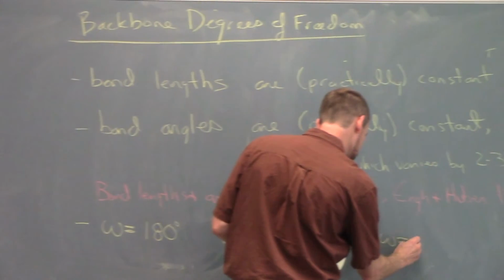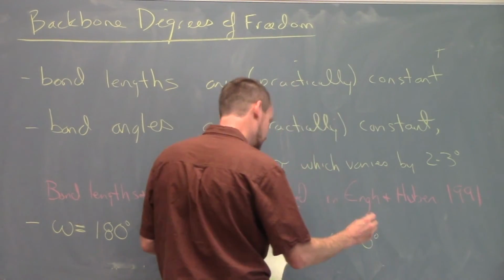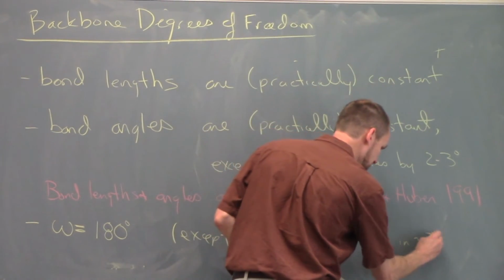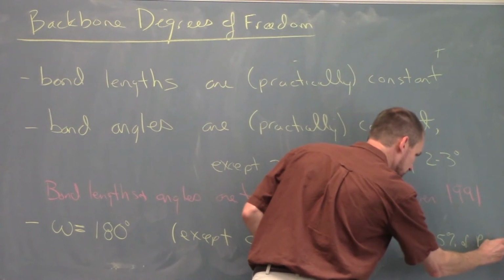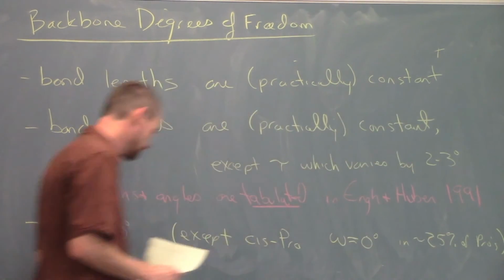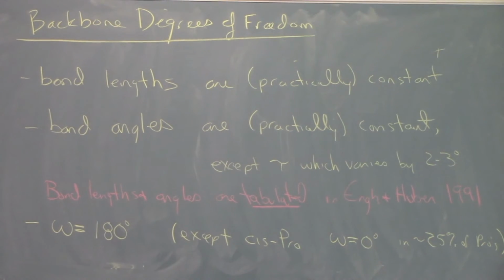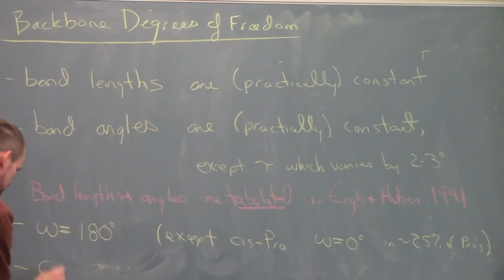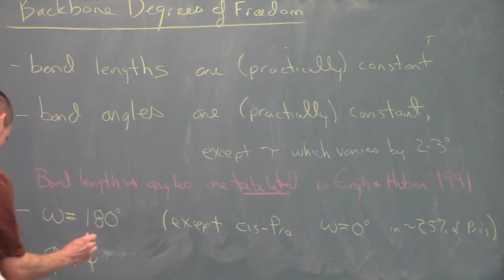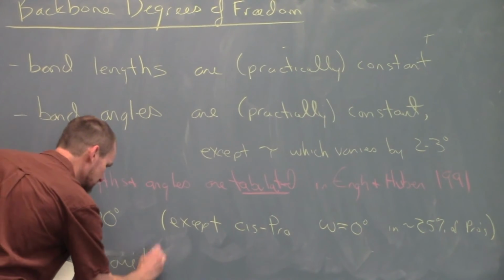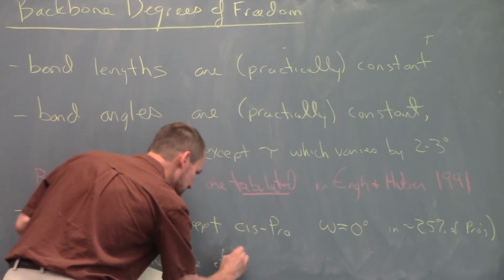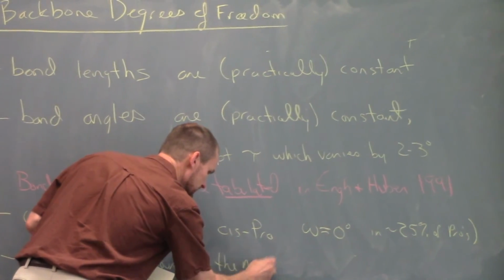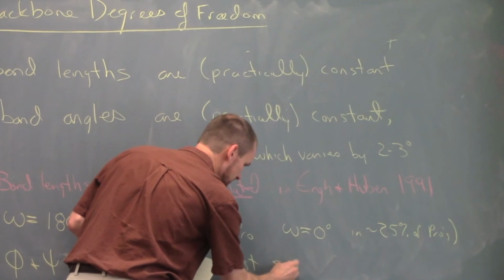So cis-pro, where omega is about 0 degrees, occurs in about 25% of prolines. Given that, phi and psi are the source of the most significant variability.